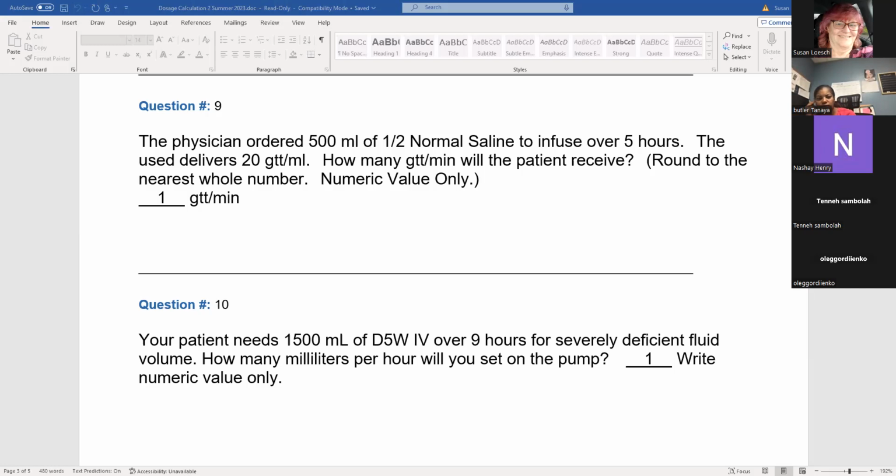So that's probably how she's having you do your mLs per hour, to the nearest whole number. Now, see how you just said it the first time? That's how I would have done it. The 166.7 is the correct way to do it because we don't round up when we're giving it on a pump usually. And that's where I get thrown off too.